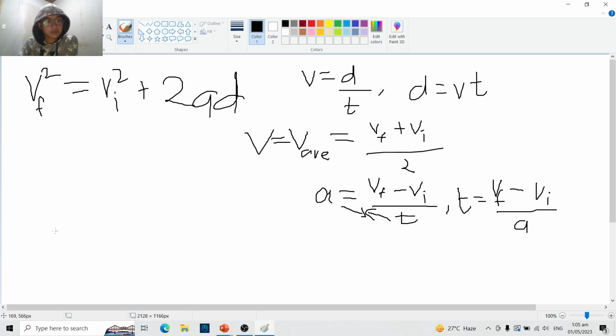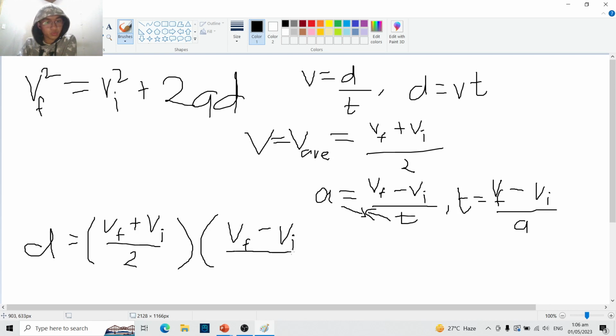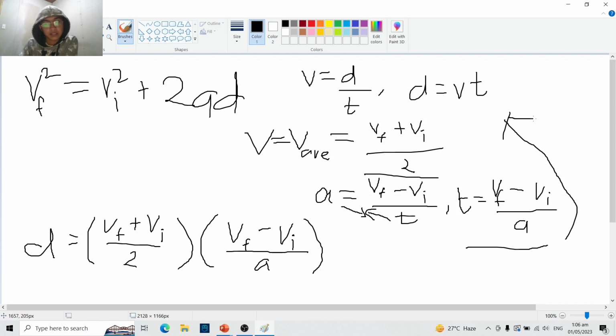Meaning to say, D is equals to velocity, which is V final plus velocity initial over 2. And since we now have the equation for time, we substitute Vf minus velocity initial over a. Do you get it? These two, we just substitute them into the equation.